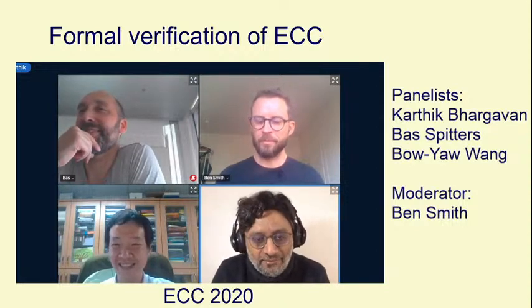I'd just like to come back a little bit and say that things are getting better, but there is still a lot of work needed, because regular visitors to ECC would be writing proofs by hand all the time, right? And a lot of those proofs use heavy amounts of intuition, as Bas said.